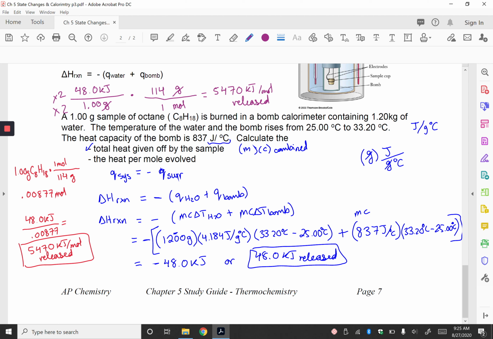And so when you look at any table where heat is listed, like heats of formation or something like that, in any of your tables, they're always going to be listed as kilojoules per mole. That way it's a value that everybody can use, and we know that that's for 1 mole. They will never just list kilojoules without the per mole.